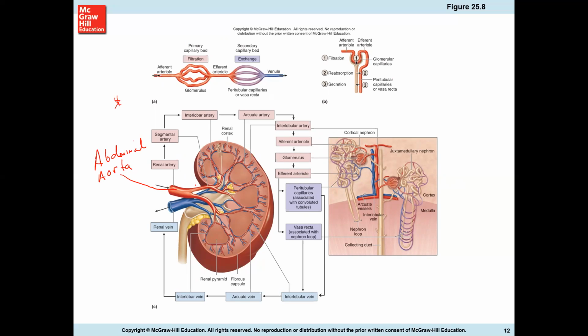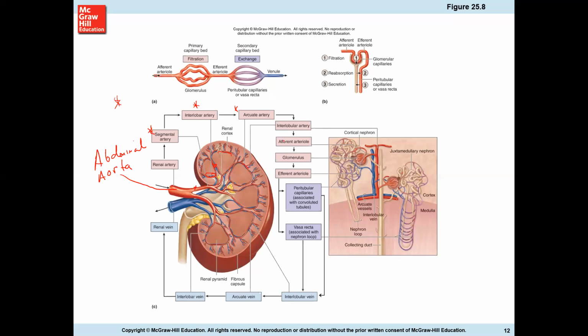Then the large ones are the segmental artery. And then in between, along the renal columns, because the kidney has like 4 to 8 lobes or 5 to 8 lobes. So the next branch, smaller branch, is interlobar artery. And you can see that here and here. And then the one that goes along the top of the pyramid is called the arcuate artery.